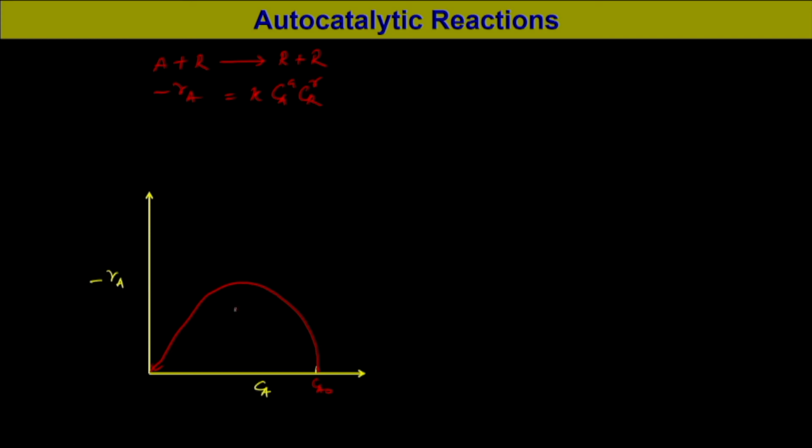So, this is for no product R. Now, if we have some product present at the start of the reaction, the rate could have started higher, and then the rate could have been like this. So, this is with some product present, and the progress of the rate is like this.